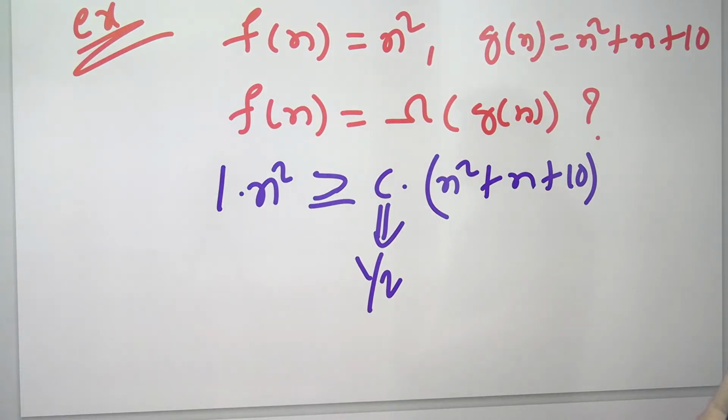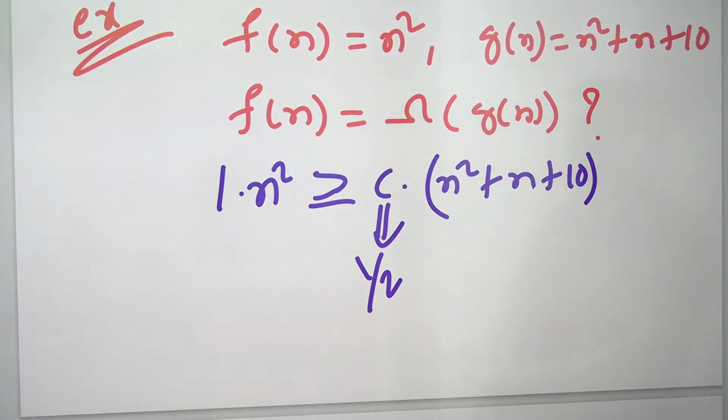Left side is full n square, right side is half n square, so left is compulsorily bigger. And one more thing: from which C value and which n0 value onwards it is working. If you want, you can try one by one. Actually not required, but let's try.